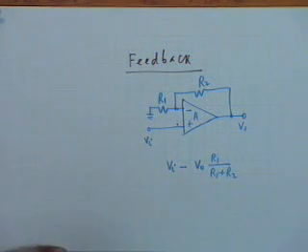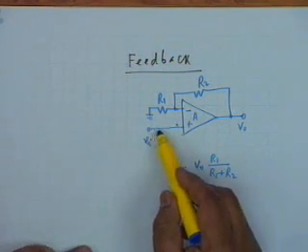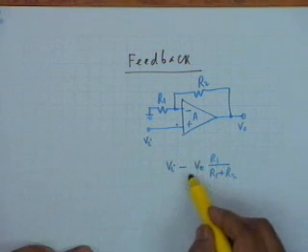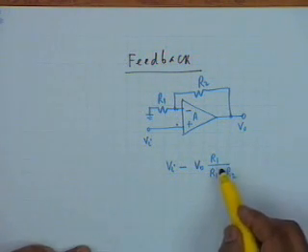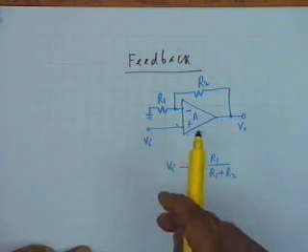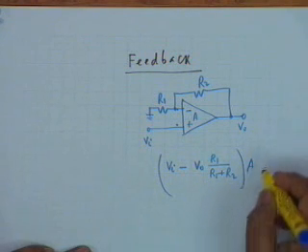Is that clear? This is the actual input, and therefore the input applied to the amplifier is being modified by the output. A part of the output is being fed back to the input, and this multiplied by A is equal to V0.